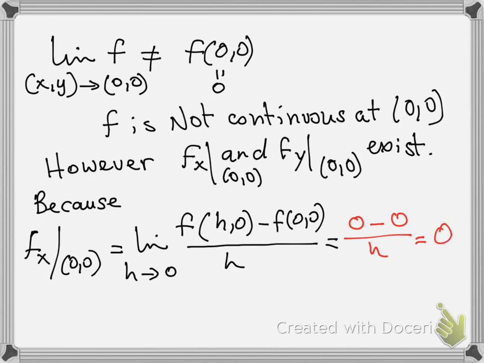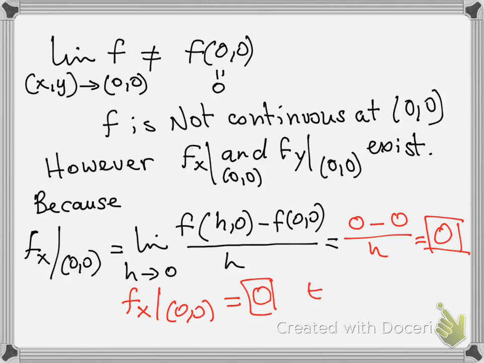So yes, the partial derivative of f with respect to x at the point (0, 0) exists. It's actually equal to 0. And the same thing for partial f, partial y. It also exists. So you see here, this is an example where f is not continuous at the point. However, the partial derivatives exist.